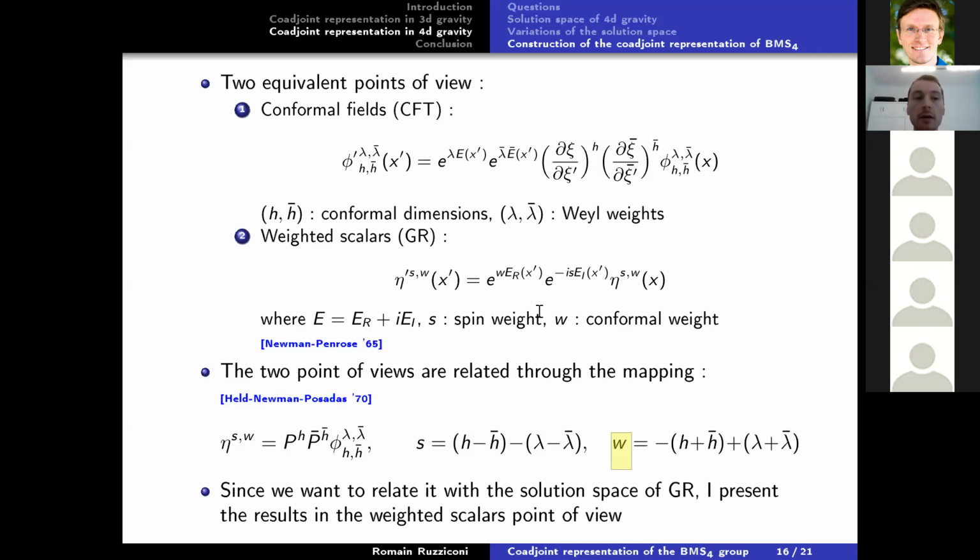In this presentation, since I want to identify the coadjoint representation in the transformation of the solution space of GR, I will only focus on the weighted scalar point of view. But you have to keep in mind that all the results can also be stated in terms of these conformal fields, and in the article we display both points of view.